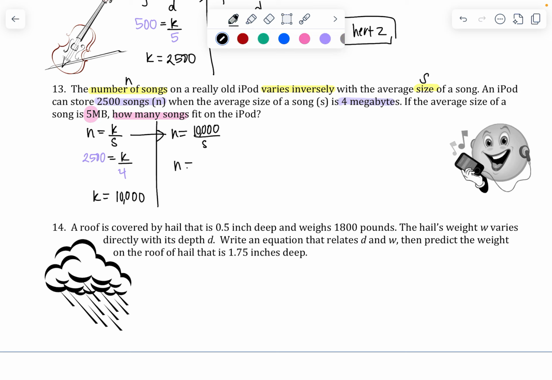So we're looking for N when S is 5. So N would be 2,000. 2,000 songs.